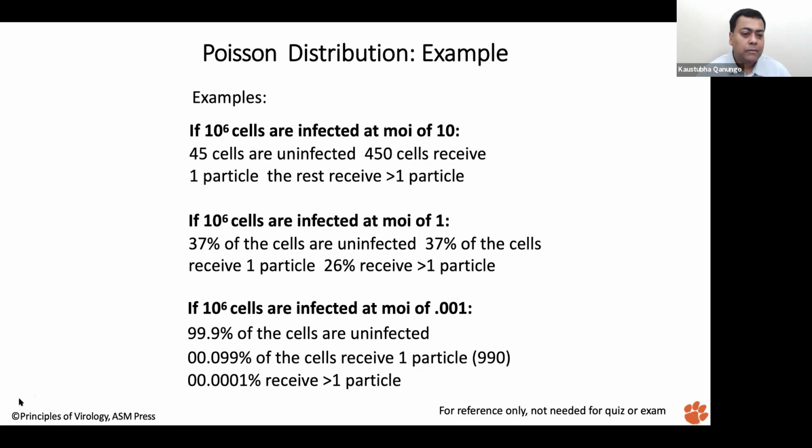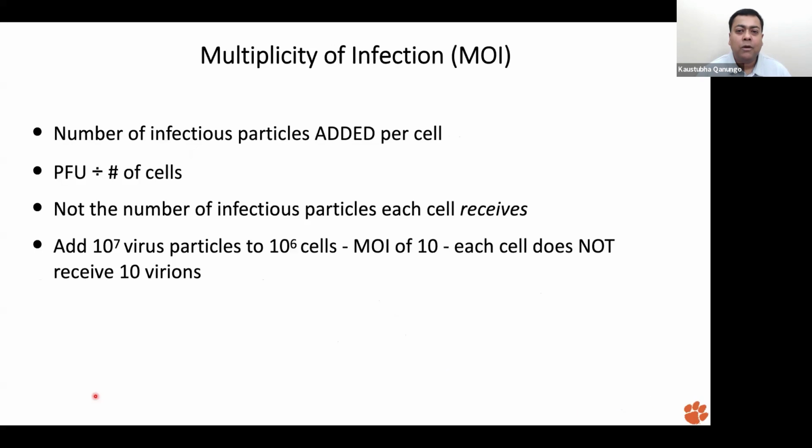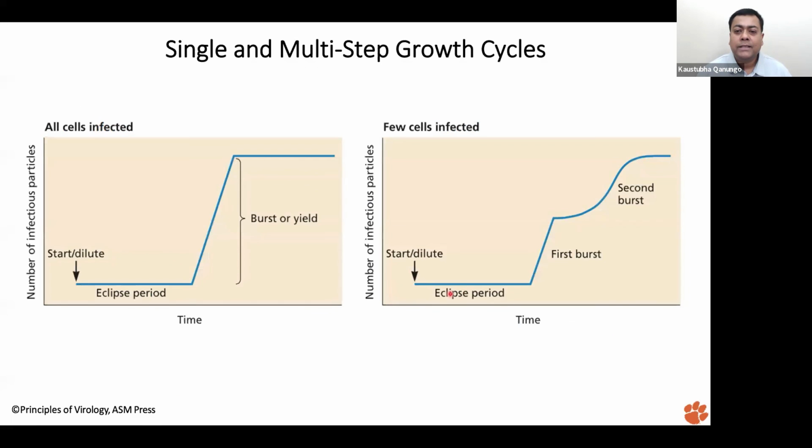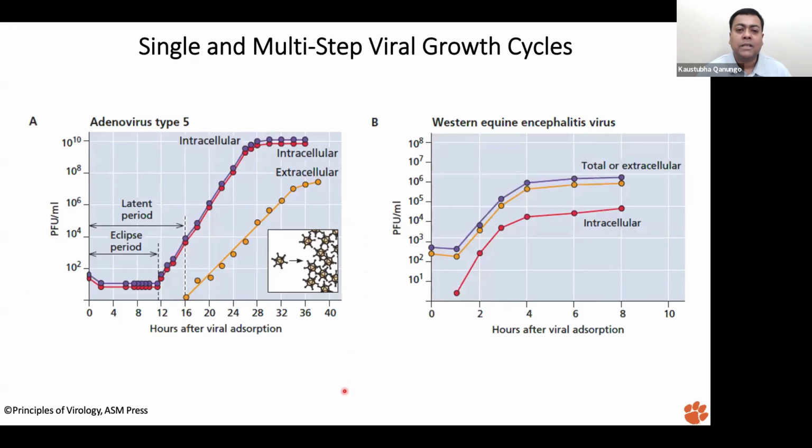You can see that a small number of cells are infected. So when we use a low MOI, only a few cells will be infected, and we will get the multi-step growth curve, whereas when we use a high MOI to infect the cells, all of them will be infected at the same time, synchronously, and we will just get a single burst, or a single step growth curve.